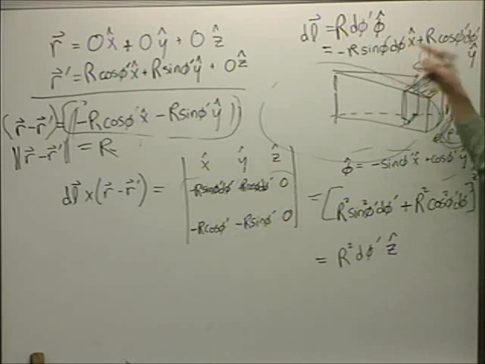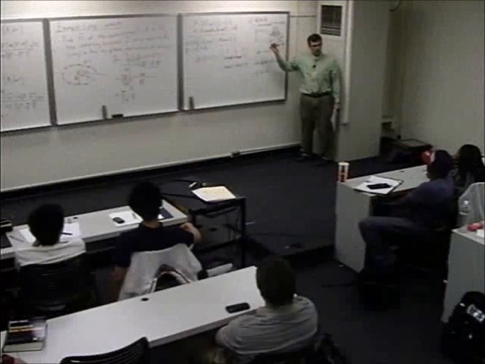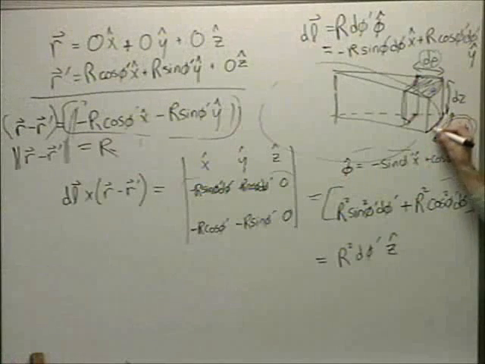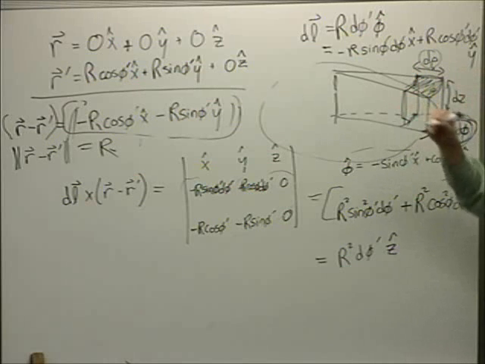Now, in this case, we're doing a path integral, so we only need one of these 3 dimensions, and it happens to line up with the circle. Let's think of that as the arc here, and that's the one we take. We're not changing position with respect to z. We're not integrating in and out with respect to rho. It's only around with respect to phi. So this is the one that we pick off.